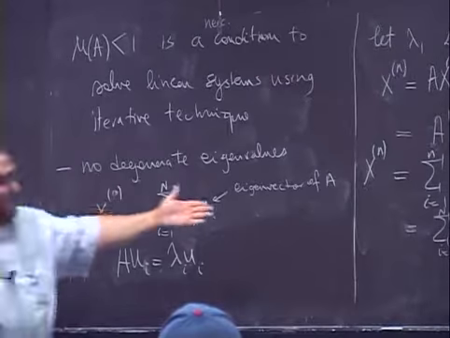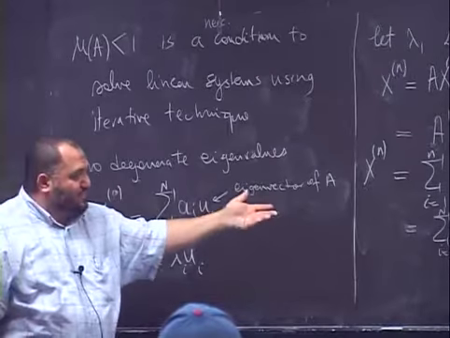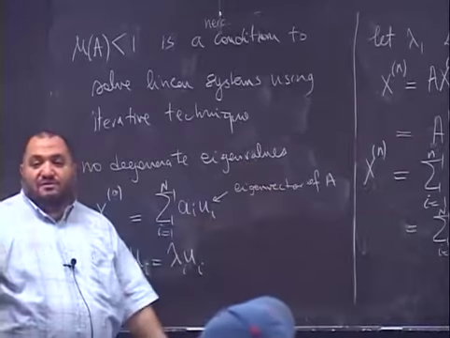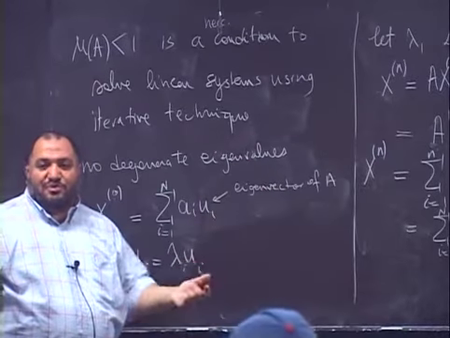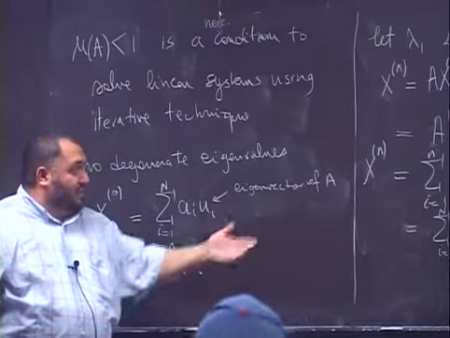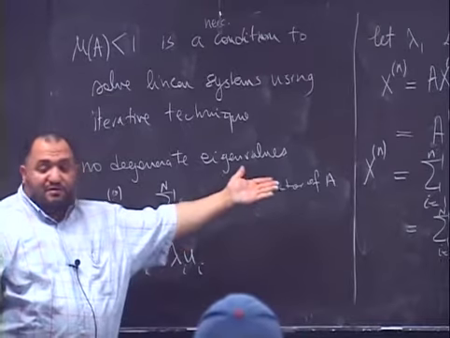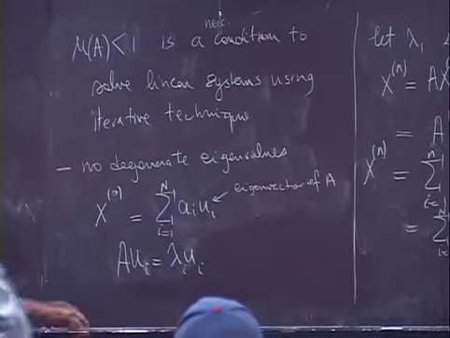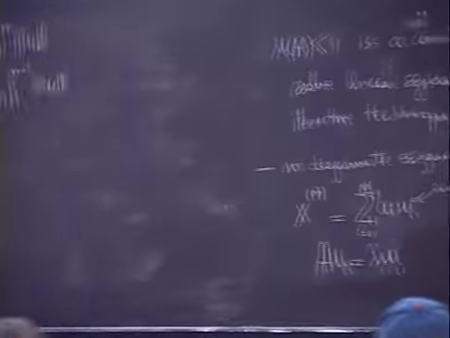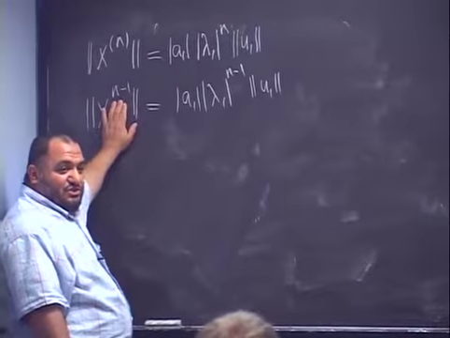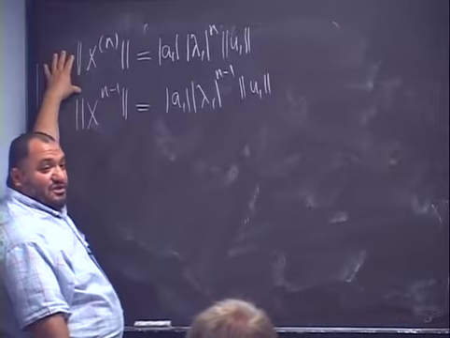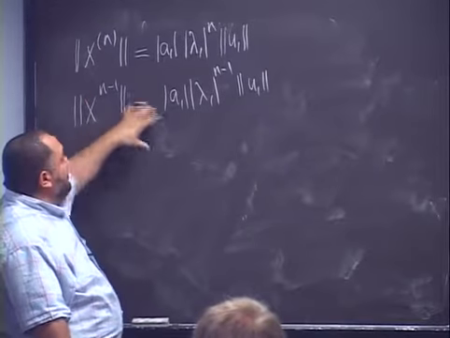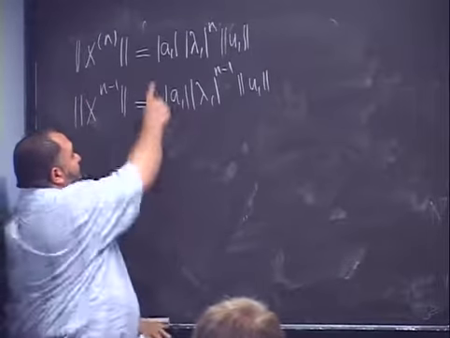And we showed that xn, for large values of n, if lambda 1 is the largest, will be the dominant term. Now we got the modulus of the vector x after the nth iteration, and the modulus of the vector x after the (n minus 1)th iteration.